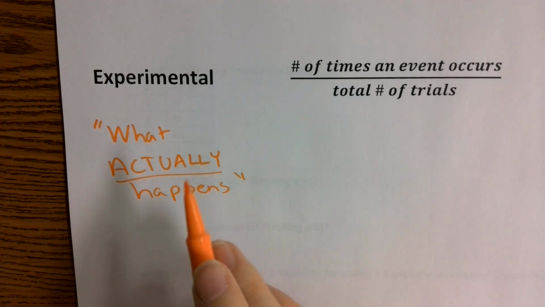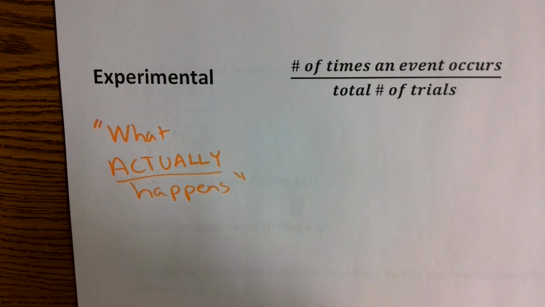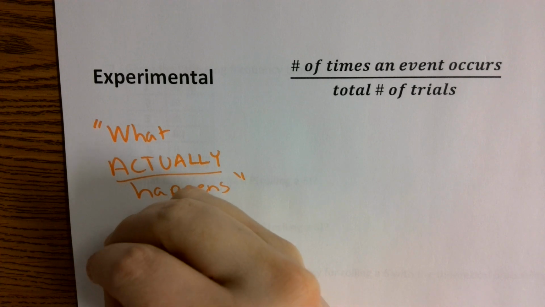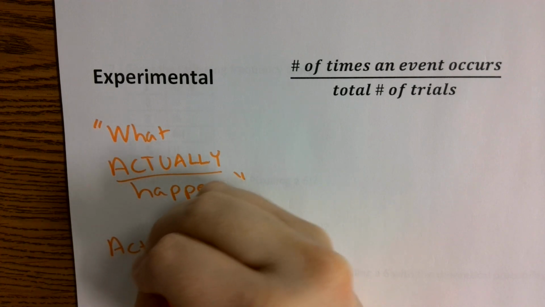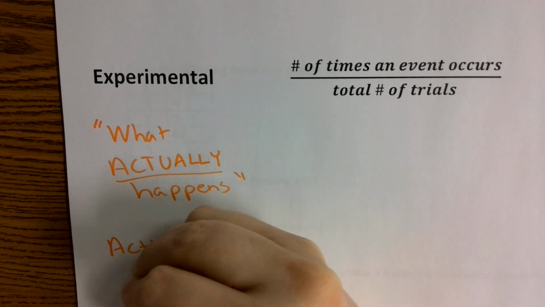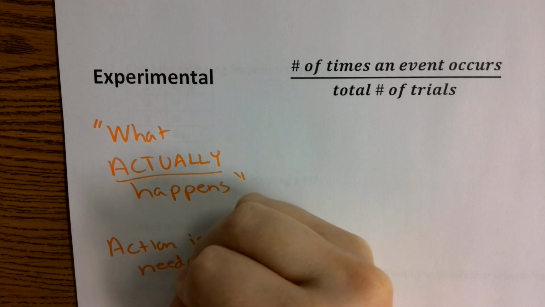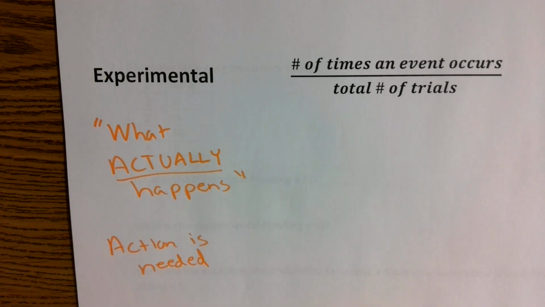Experimental probability is what actually is going to happen. There is action. Action is needed. You should be flipping the coin multiple times, rolling the die multiple times, spinning the spinner multiple times. At least 2 trials will make it an experiment.